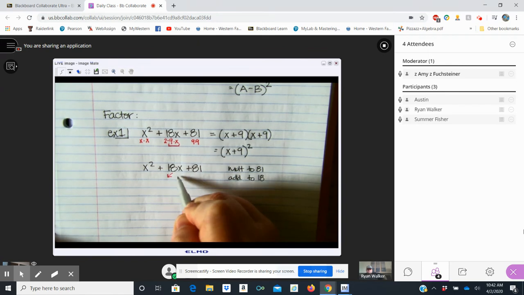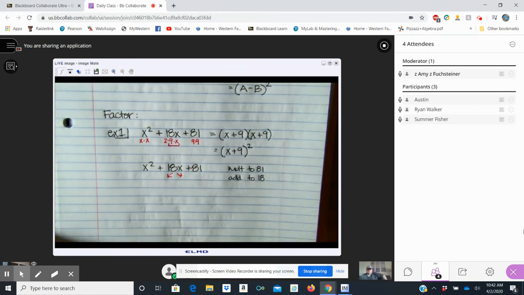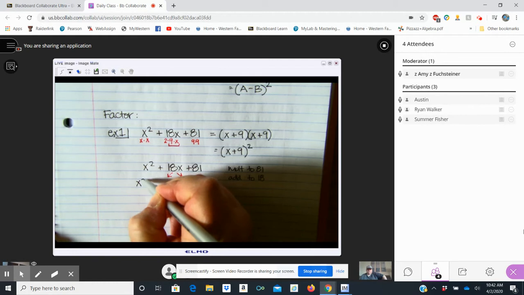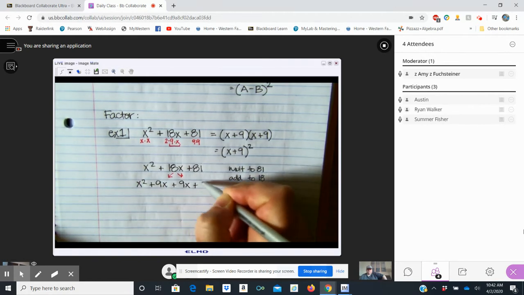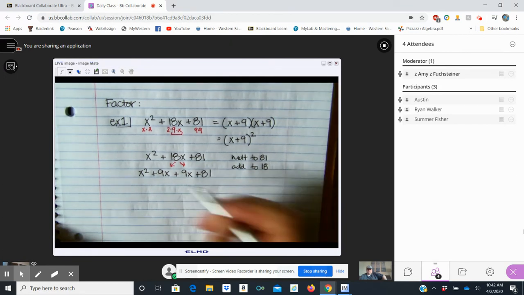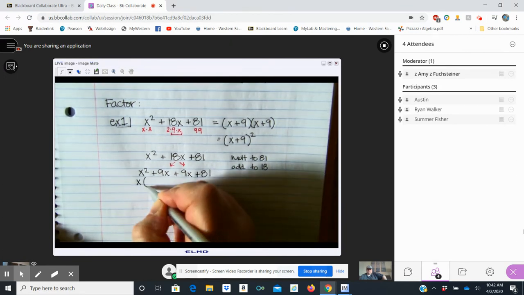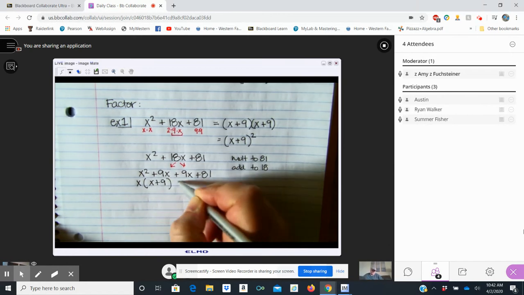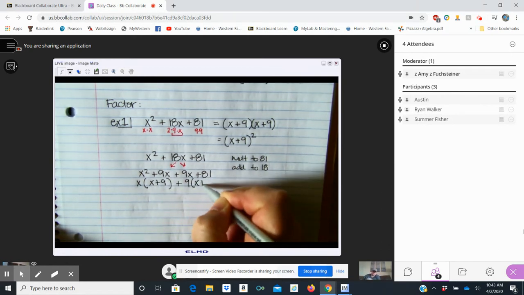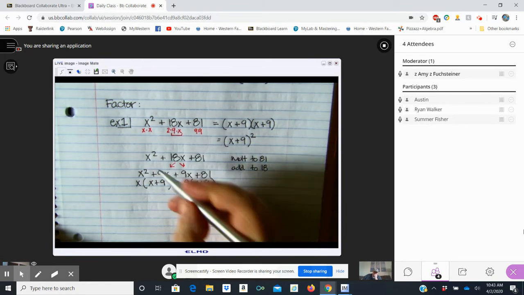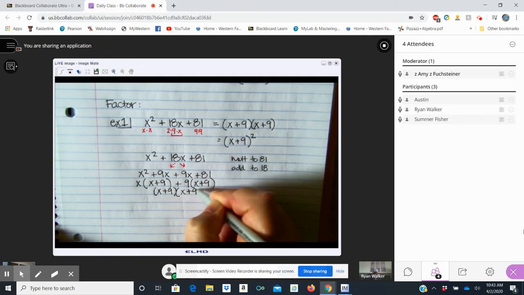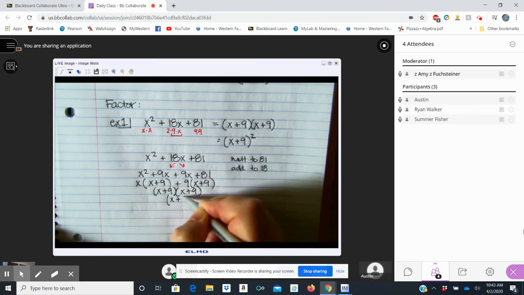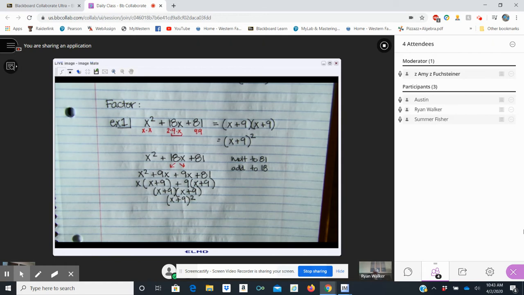You don't see the pattern, and instead you do x squared plus 9x plus 9x plus 81. You pull out an x, you pull out a 9. Do you see how you get the same answer anyway? Yeah.